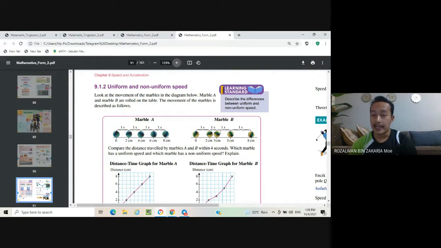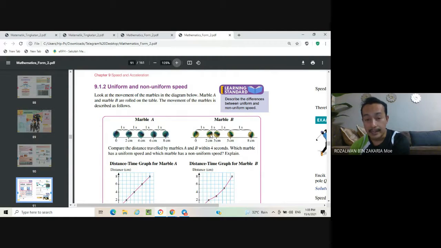We can see it as non-uniform because in the first second, marble B moves from 0 to 2 cm. Then after the next 1 second, marble B moves from 2 cm to 3 cm. So in the first second, the difference in movement is 2 cm, because 2 cm minus 0 equals 2.